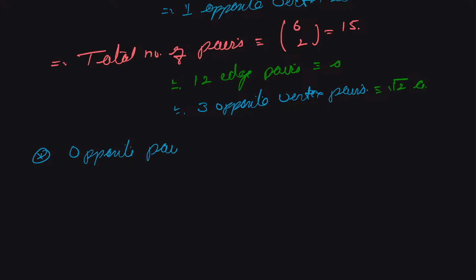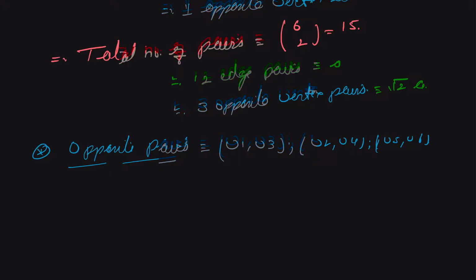From the figure we can clearly see that the opposite pairs will be V1, V3, V2, V4, and then we have V5, V6. So these are the 3 opposite pairs.